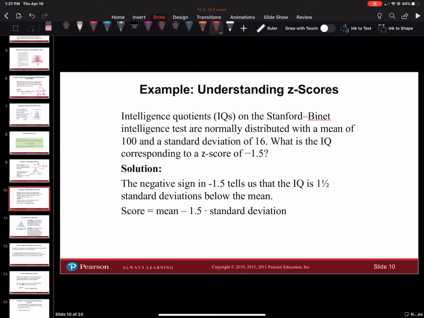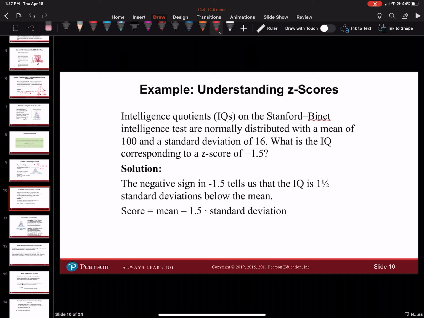Now, the negative sign in negative 1.5 tells us that the IQ is 1.5 standard deviations below the mean. Because the negative is saying we're going to the left. All right? So let's look at this.